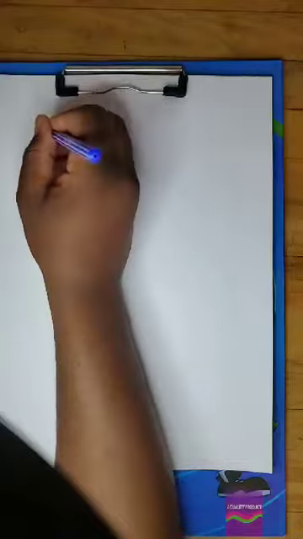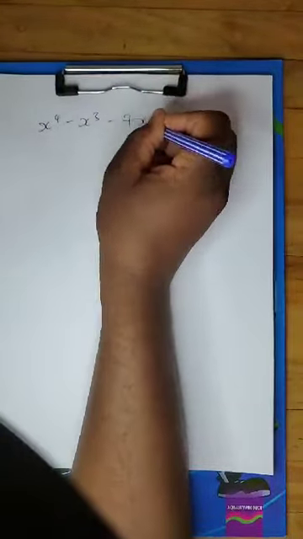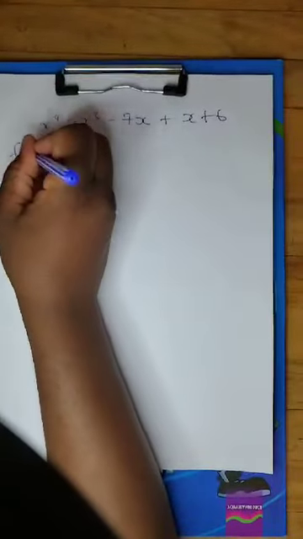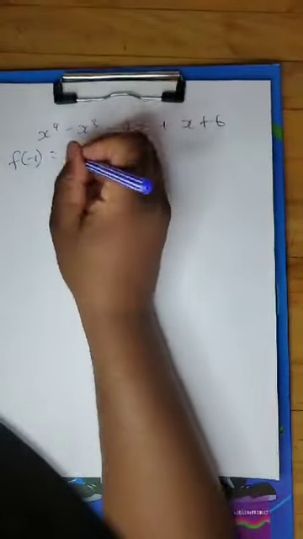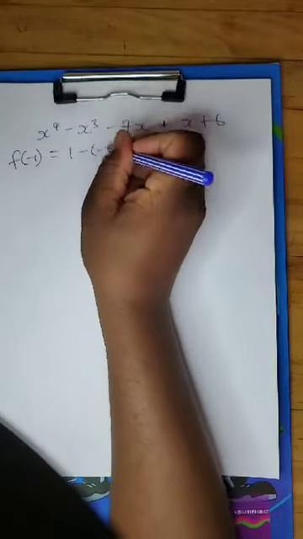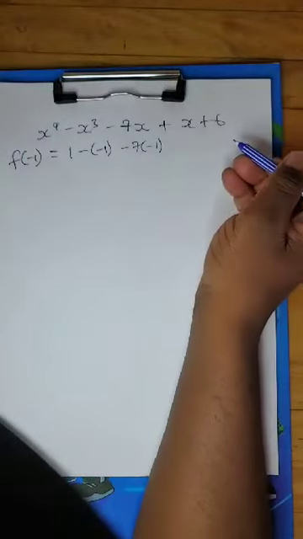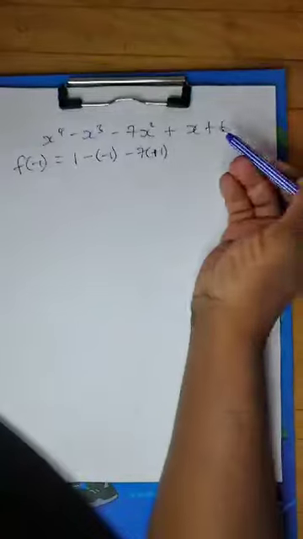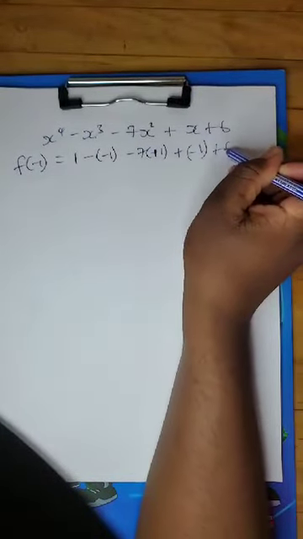So our expression is x to the power 4 minus x cubed minus 7x squared plus x plus 6. Let's now try f of -1. I'll be a bit fast now. -1 to the power 4 will give us 1. -1 to the power 3 will give us -1. So 7 times -1 squared, sorry, this is supposed to be squared. So -1 squared will give us +1. Then plus -1. Then plus 6.